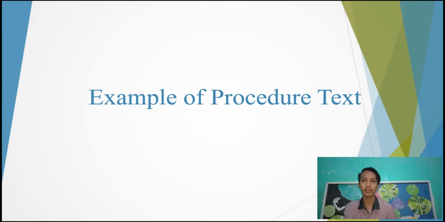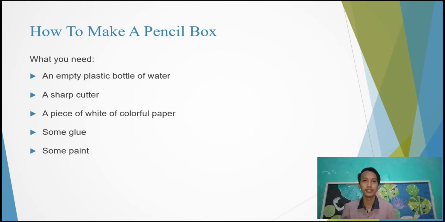This is an example of procedure text. This is how to make a pencil box. You can see the title. The title is the goal of the procedure text. The goal is how to make a pencil box. Then you see after the title what you need, or we call it as materials.